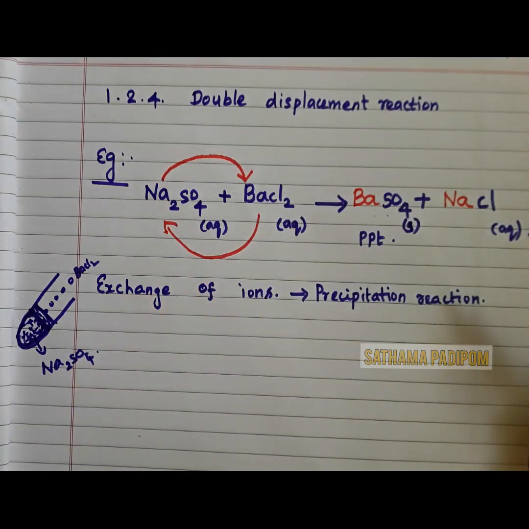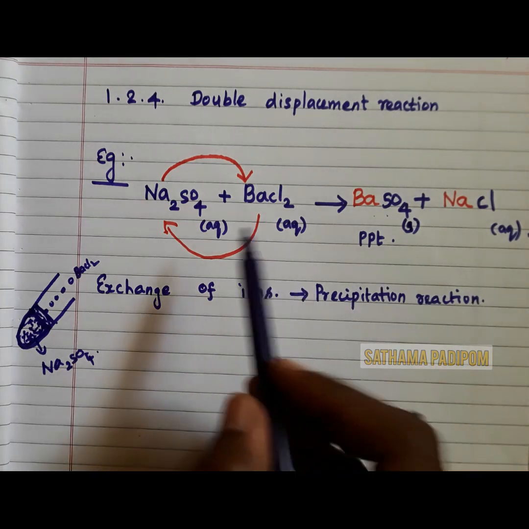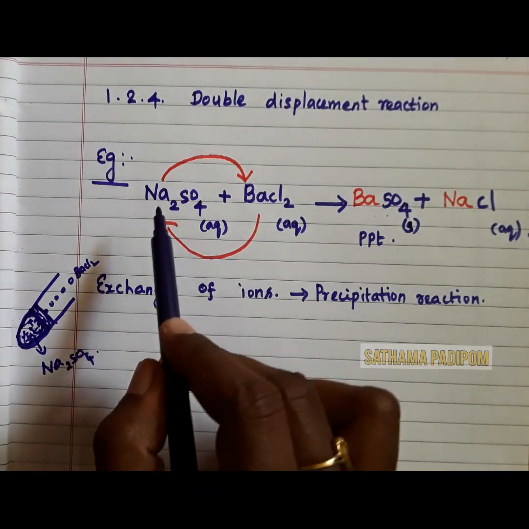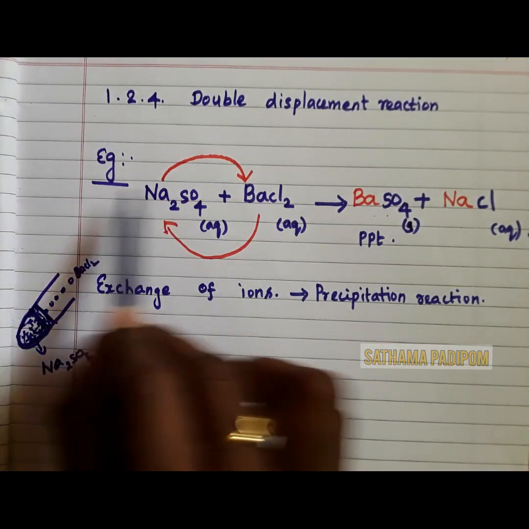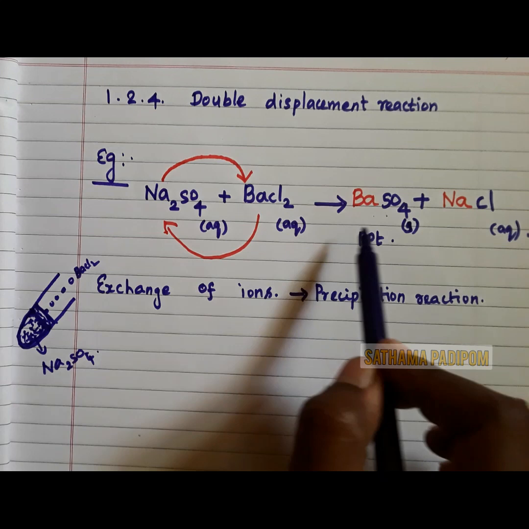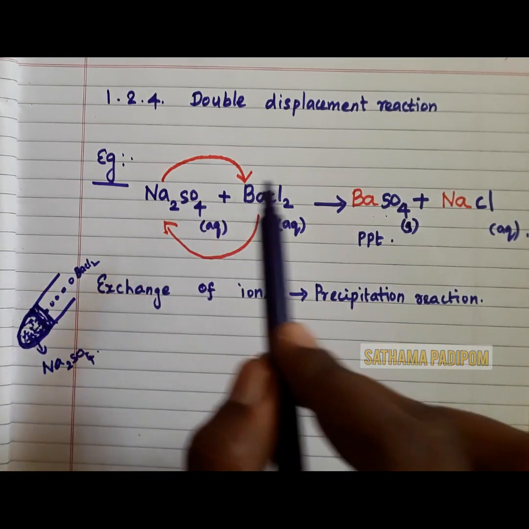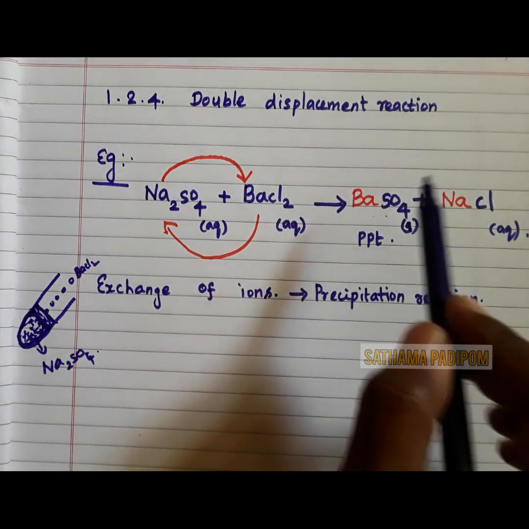How does it take place? What are the other points you have to be clear about? You have to know how to write the sulfate ions and the chloride ions. In case they give it in word format, you should be clear to write the equation: when sodium sulfate reacts with barium chloride, it gives barium sulfate and sodium chloride.